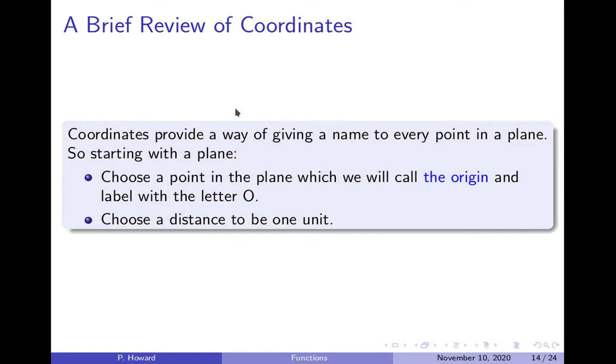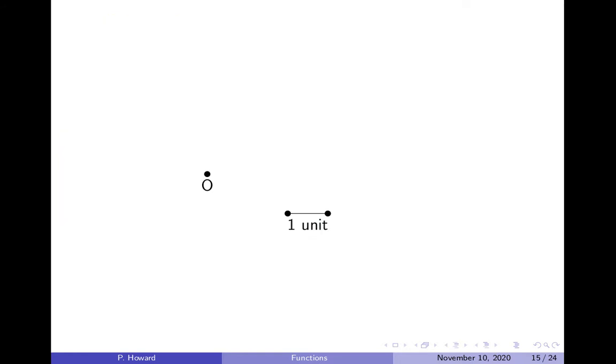And how do you set up coordinates? You choose a point in the plane, which we will call the origin, and we label it with the letter O for origin. And we choose a distance to be 1 unit. So doing those two things, your plane might look like this. I have chosen this point to be the origin, and here is my unit distance.